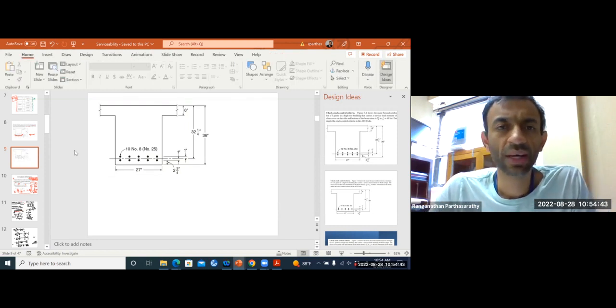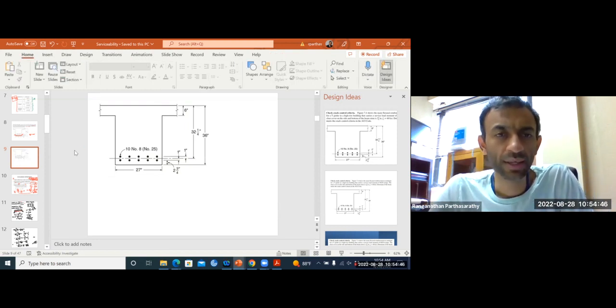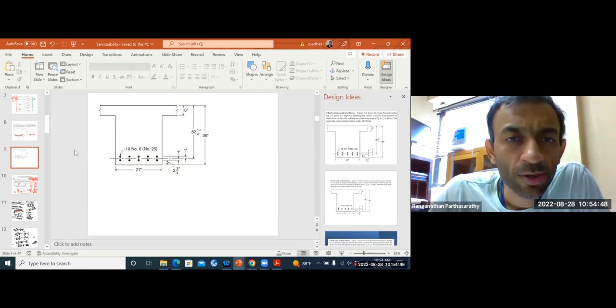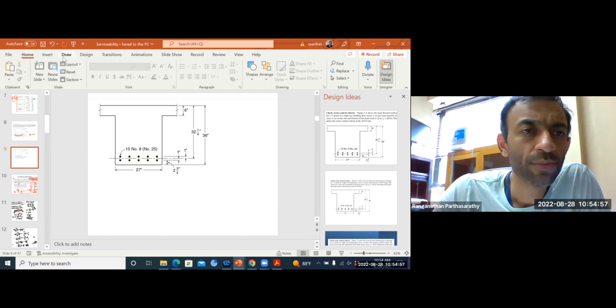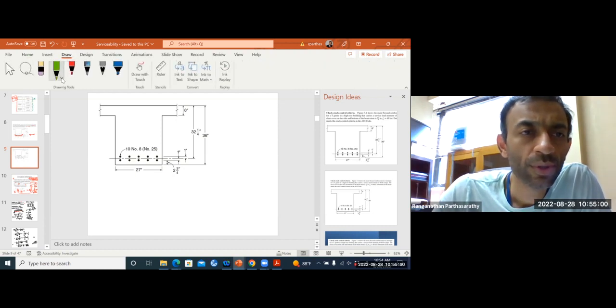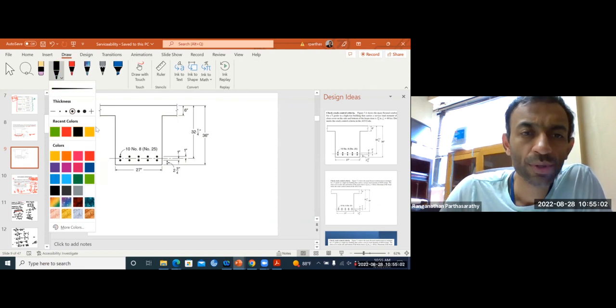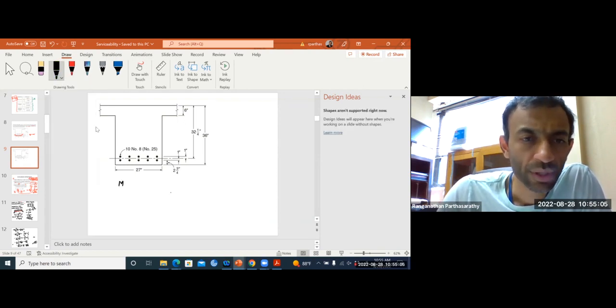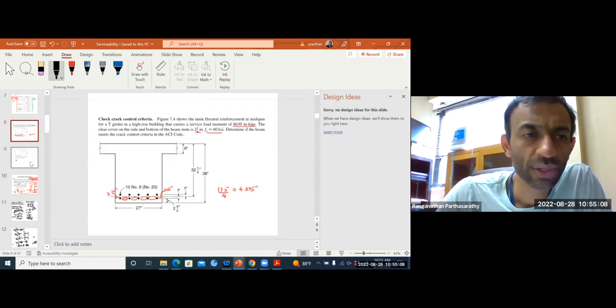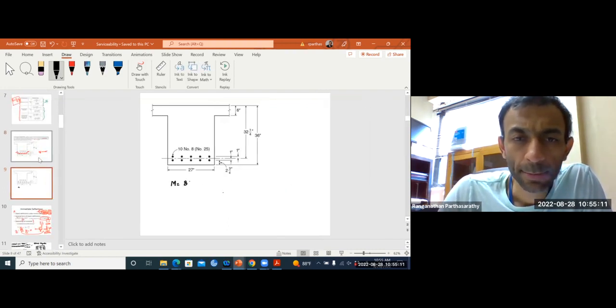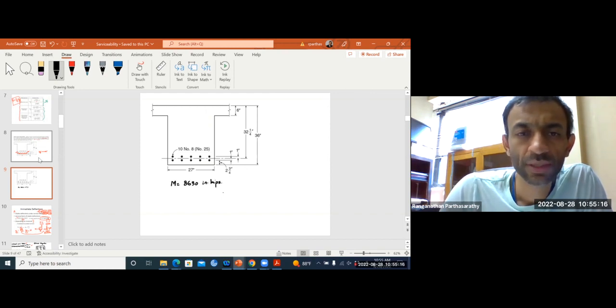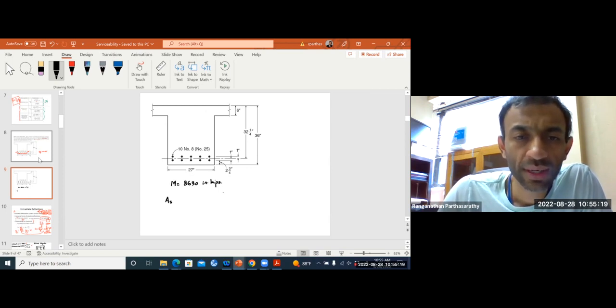For service load, you will have a cracked section, and your moment value is, right, you have your steel area As times Fs times your lever arm.